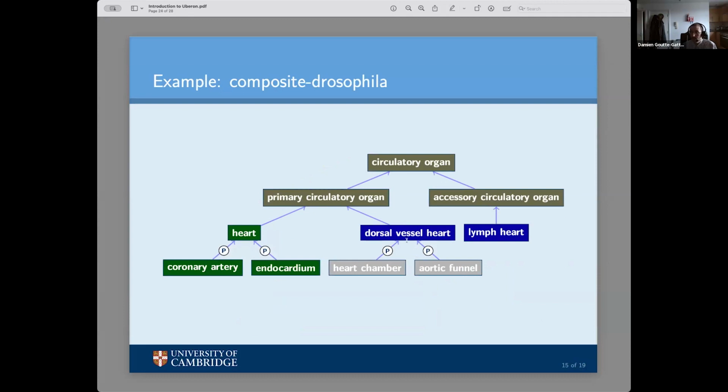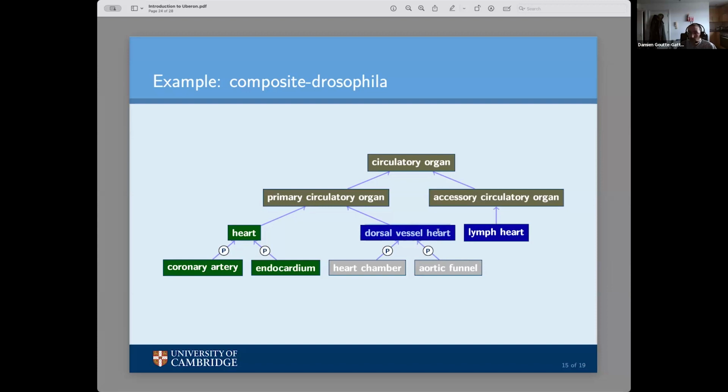Because, for example, if you have a sample that comes from the fly dorsal vessel, and you need a term to annotate it before you can store it in a database or whatever, if you use composite metazoan, the only term you will find in composite metazoan that can accurately describe the fly heart is this term, dorsal vessel heart. But this term represents the dorsal vessels across all arthropods.